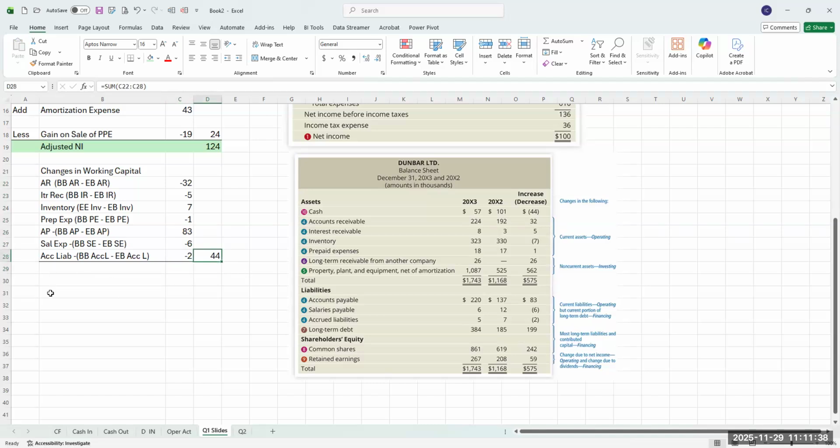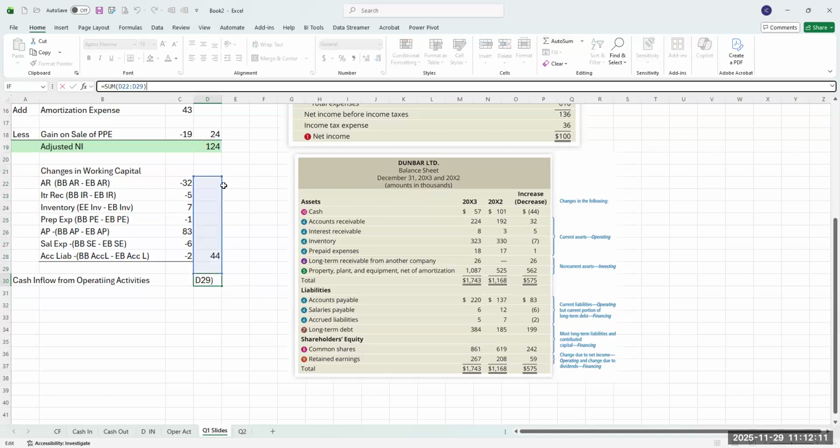So our cash inflow, since it's positive, from operating activities is equal to 124 plus 44.